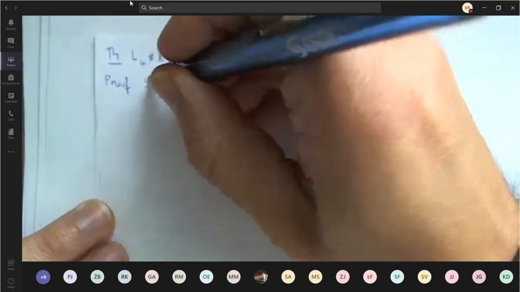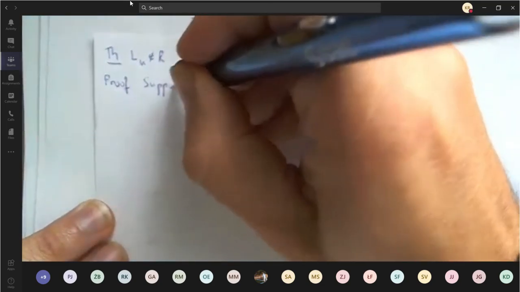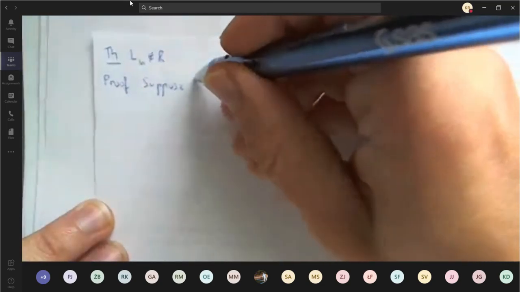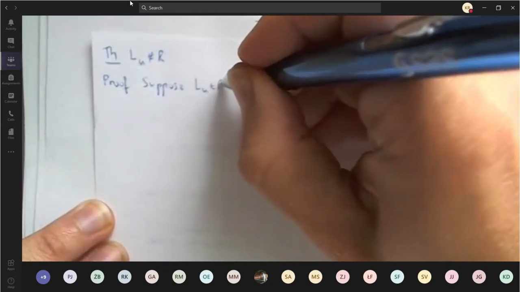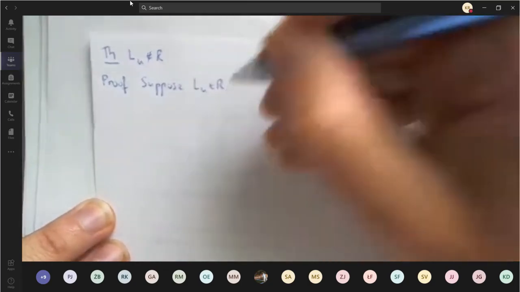Okay, so suppose that it is recursive. Then there exists some Turing machine with stop property that accepts this language.